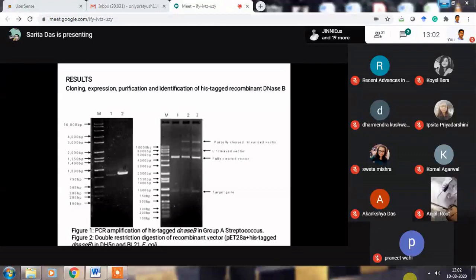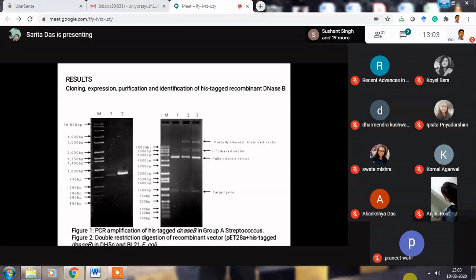I told you earlier that there are two strains we used. One is cloning efficient, that is DH5 alpha, and the BL21 expression E. coli. M stands for the molecular weight markers, and in the second figure, lane 1 shows the double restriction digestion of DH5 alpha, and lanes 2 and 3 show the recombinant vector isolated from the BL21. More sample is loaded here, 5 microliter, and here 10 microliter is added.